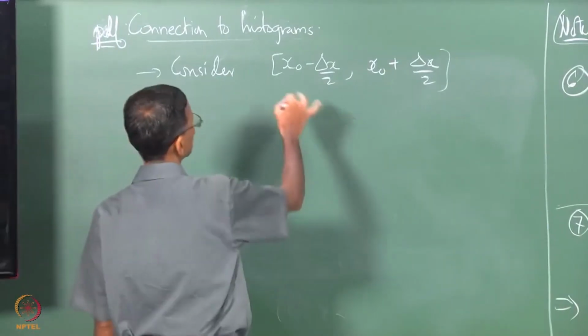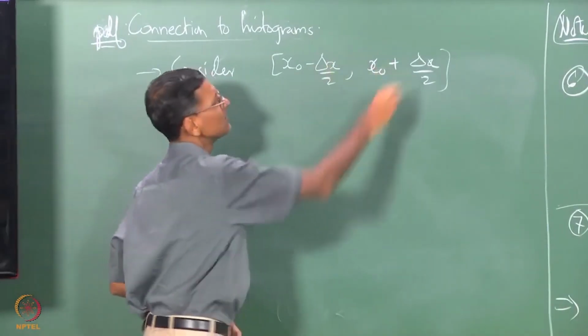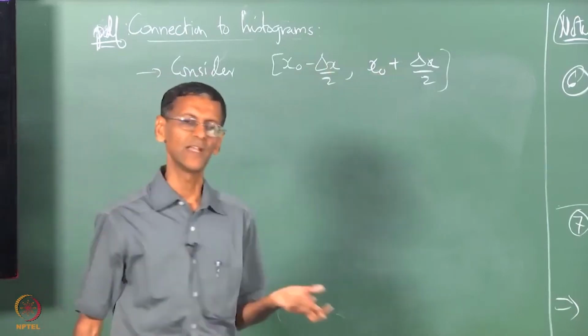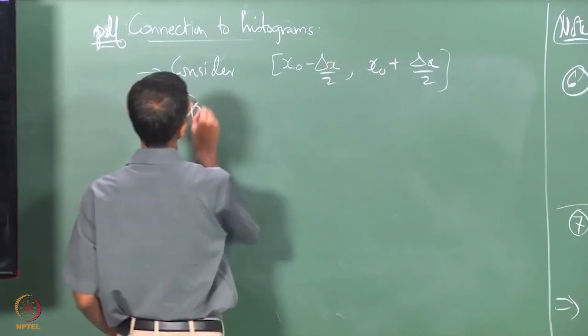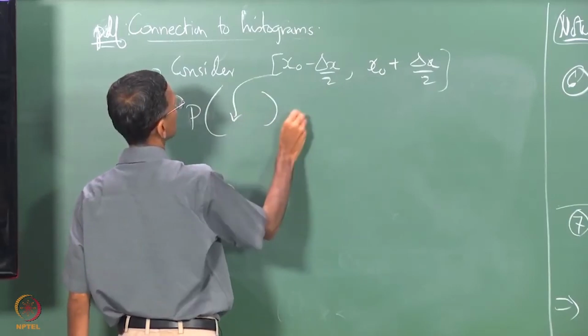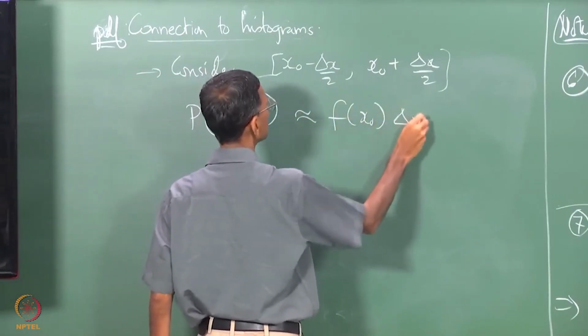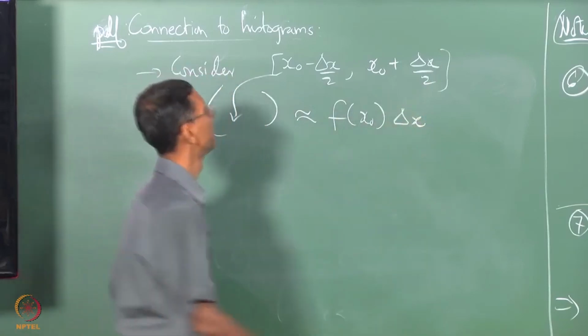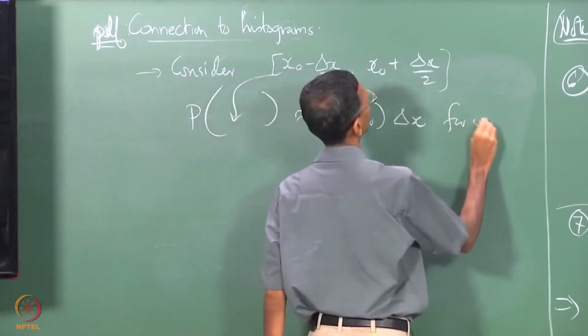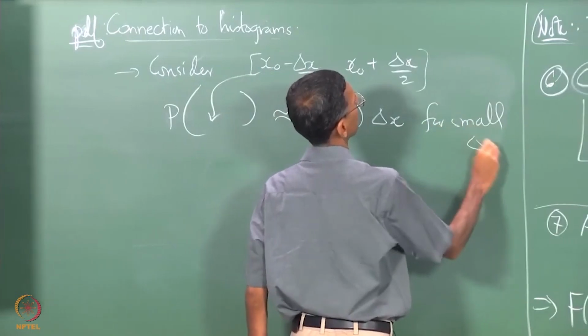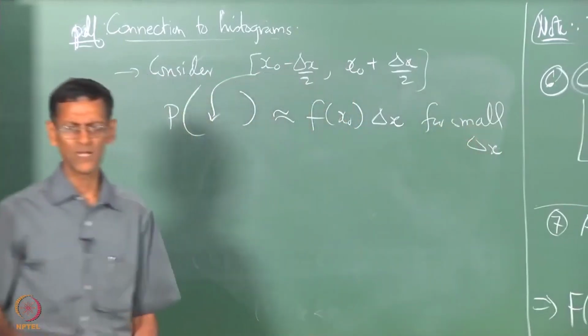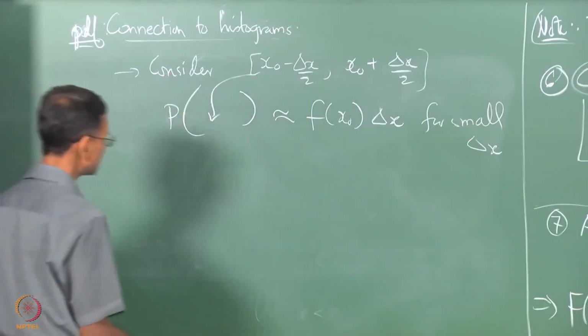So the probability of getting this interval is, as we said, f of x naught into delta x for small delta x. And assume of course delta x is positive.